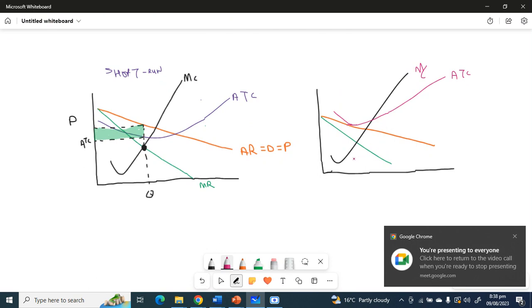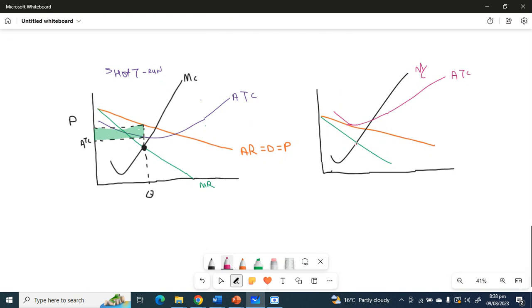All right, so we said firms are still profit maximizers, so they'll produce where marginal cost equals marginal revenue. So this point is going to come here, where the average total cost curve is touching the demand curve.